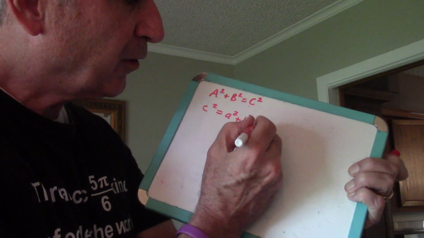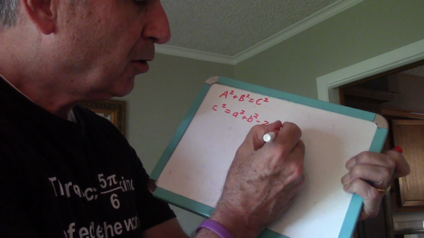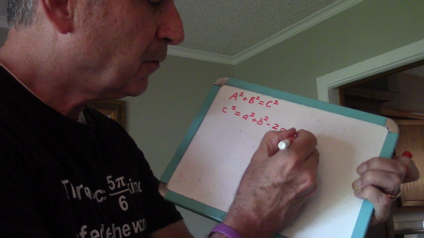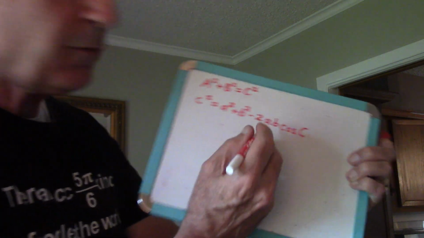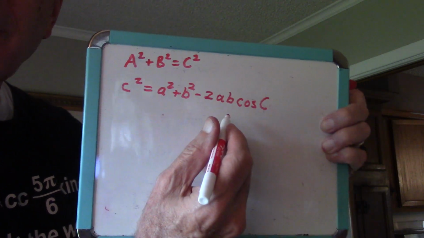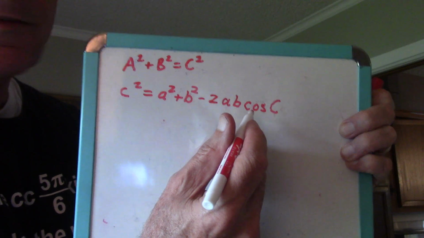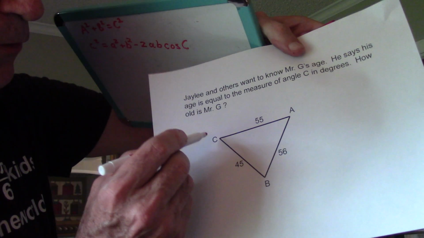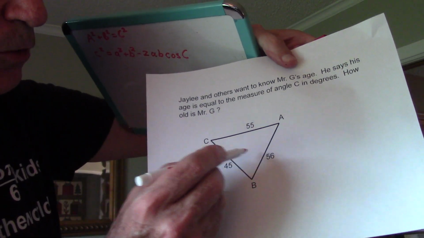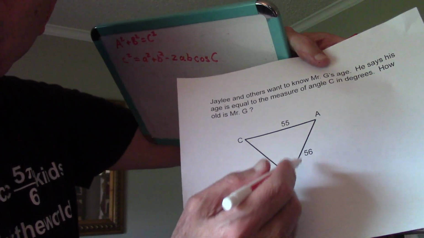It's minus 2ab cosine big C. And so this minus 2ab cosine C is what adjusts for what that angle is. In this case, that angle is going to be this one right here, this angle C. And so we have the side opposite angle C. That is the hypotenuse that we can adjust.